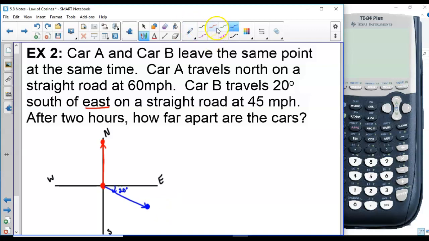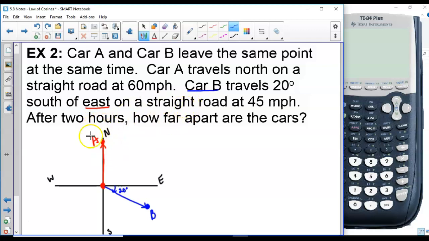And let me label these. This is car A, and this is car B. So let's say car B has committed a crime, and they're making a getaway. Car A is the police car, and they're trying to chase this guy, but they've got their direction wrong. They've messed up pretty bad because they've gone 2 hours in the wrong direction.